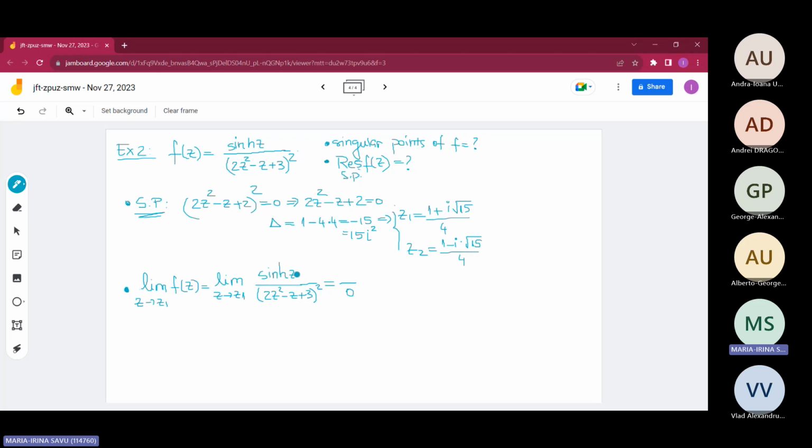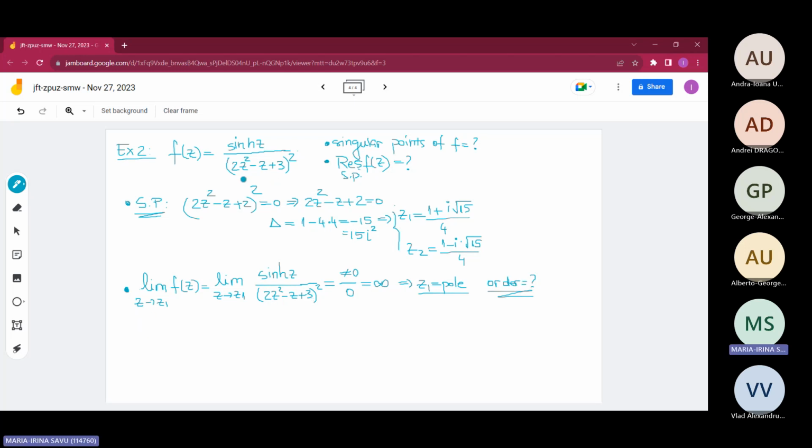When you replace z by z1, you will have a hyperbolic sine computed in this value, which is not 0. So the conclusion is that the limit is infinity. In this case, z1 is a pole. But you have to find the order of this pole in order to find the residue.